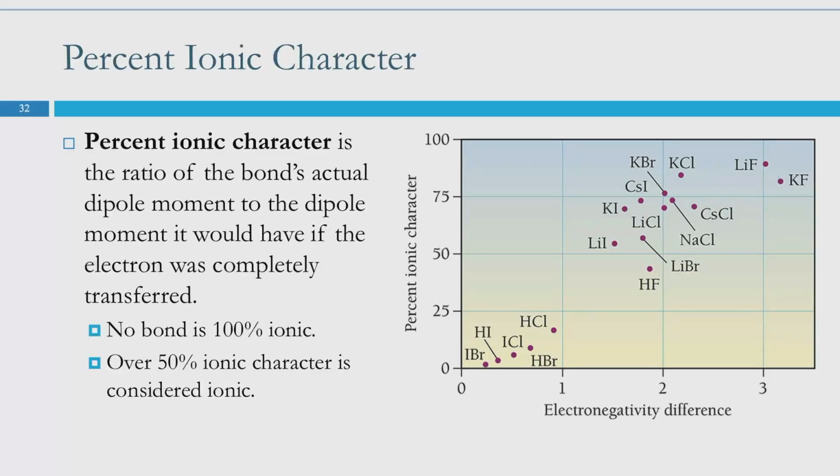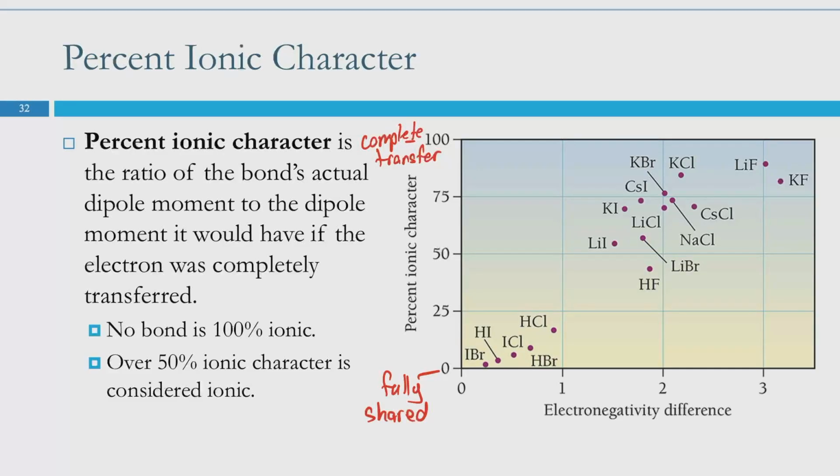They're actually shared a little bit. And so percent ionic character is one of the ways that scientists have come up with to quantify how much the electron is given away or how much it's shared. So 100% ionic character would mean complete transfer, and a 0 would be fully shared, for example.